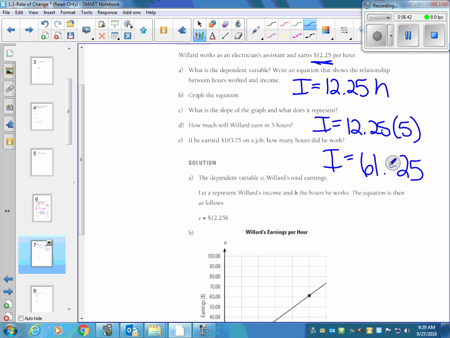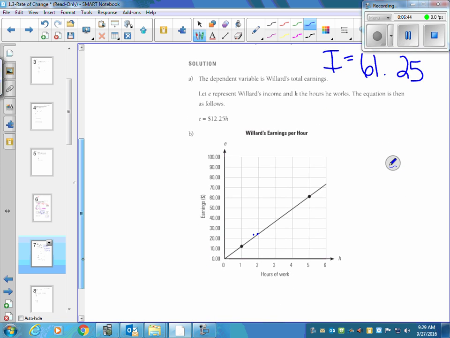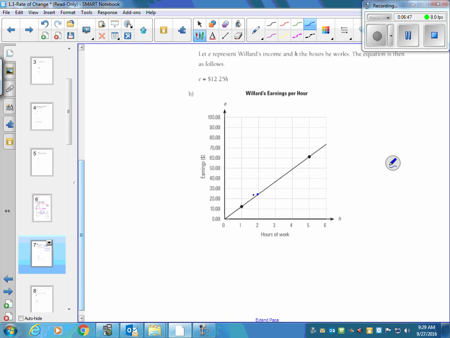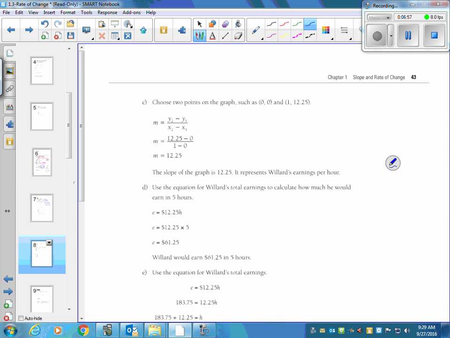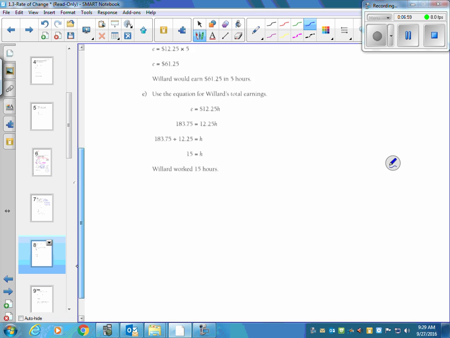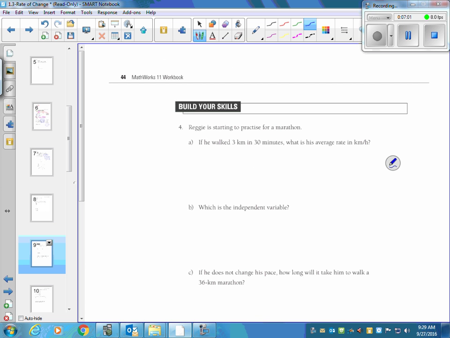If we read off the graph at 5 hours, we could see it's just over $60. Hard to read. Okay. Are we good with that? This just goes through how they solve those answers there.